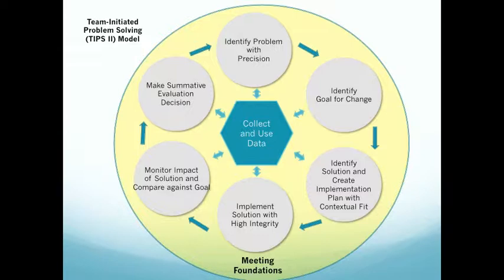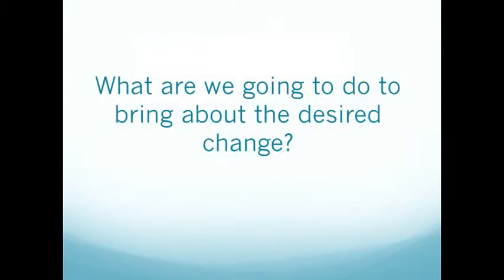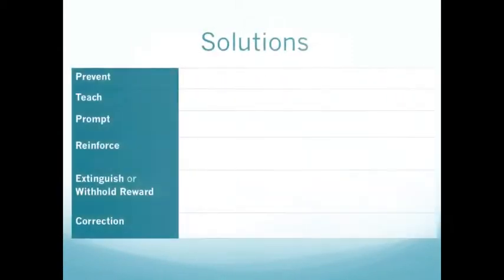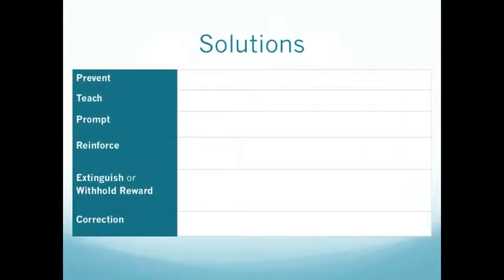With our precision statements identified, our goals in place, we now move along to asking, what are we going to do to bring about the desired change? What solutions will we put in place? With our PBIS strategies, we often looked across domains of asking questions to prompt us to think about what solutions can be put in place.